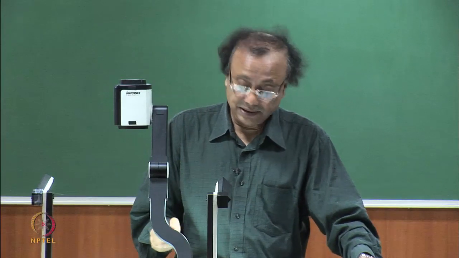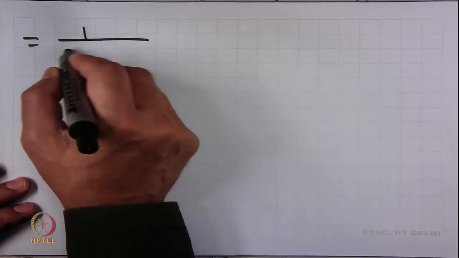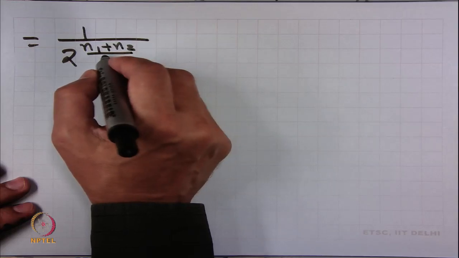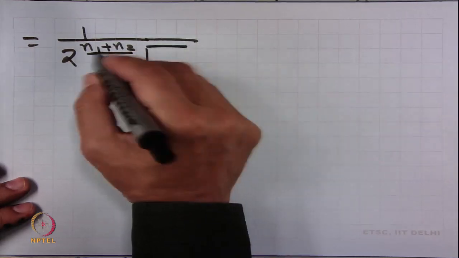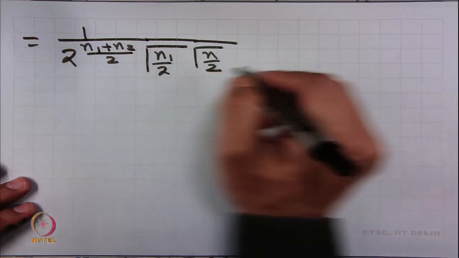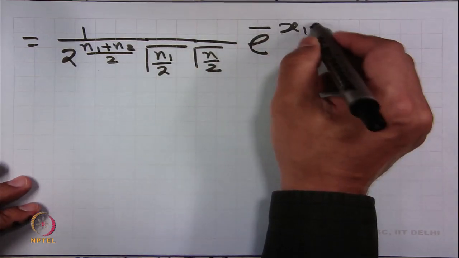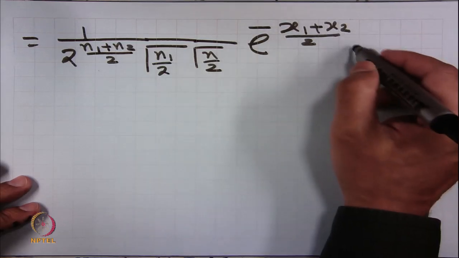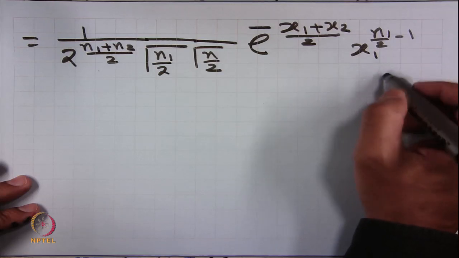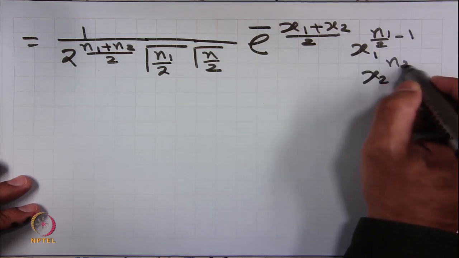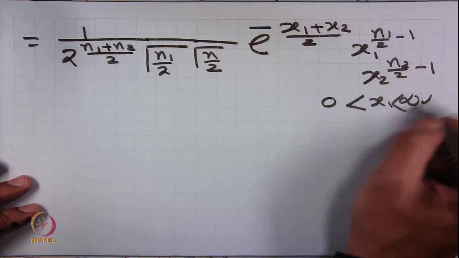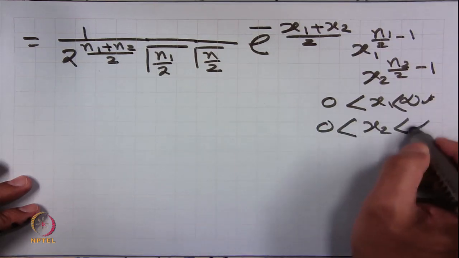So, let me write it as 1 upon 2 to the power n1 plus n2 by 2, gamma n1 by 2, gamma n2 by 2, e to the power minus x1 plus x2 by 2, x1 to the power n1 by 2 minus 1, x2 to the power n2 by 2 minus 1, where 0 less than x1 less than infinity and 0 less than x2 less than infinity.